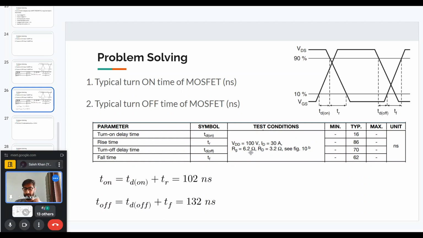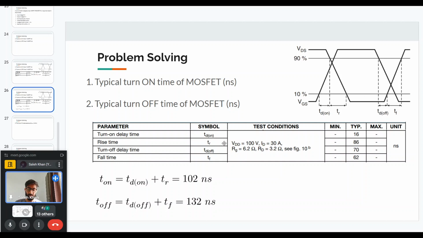So the answer to this is just the sum of these two times that are given. This would satisfy the problem. But practically, if you want to use a device and find the turn on and turn off times, you may not get the same thing in the measurement as given in the data sheet, because these are given for a particular condition. Here the bus voltage is 100 volts, the device current is 30 amperes, and the gate resistance is also given.